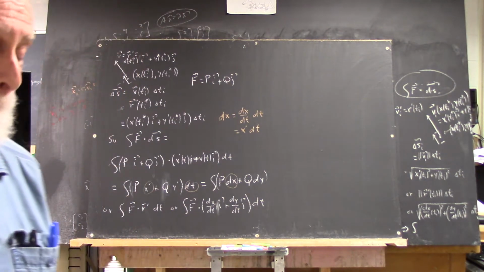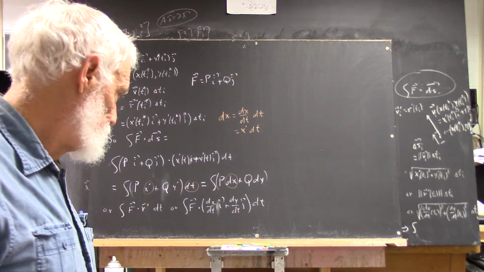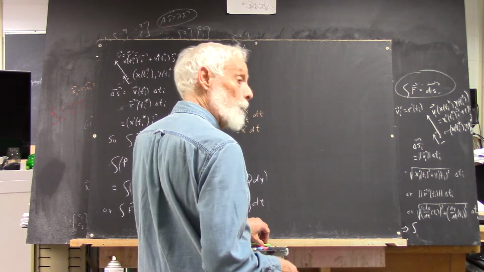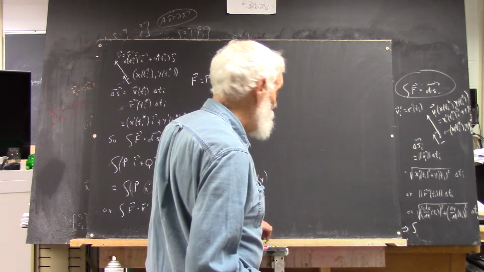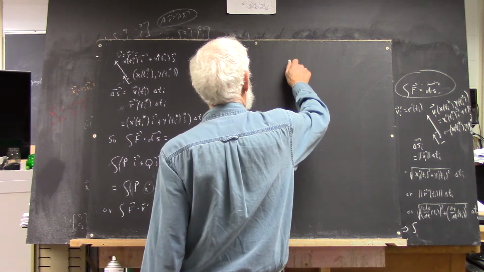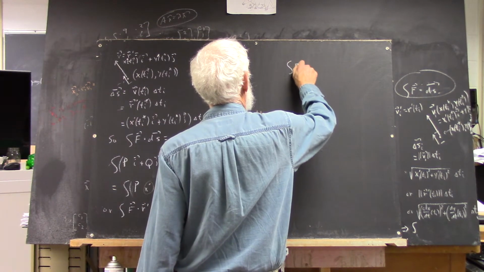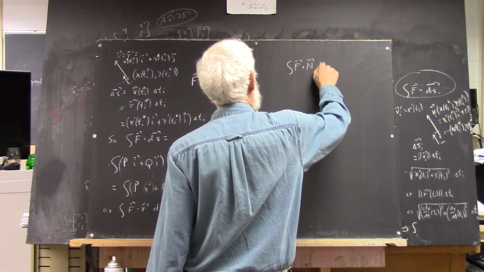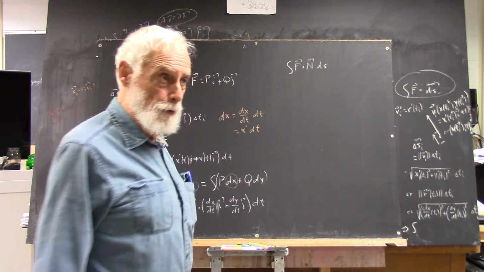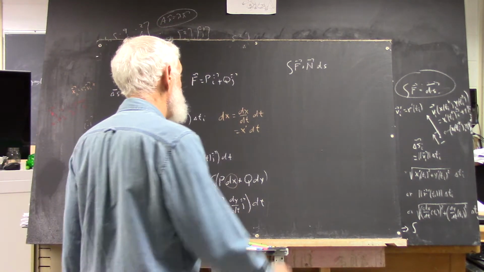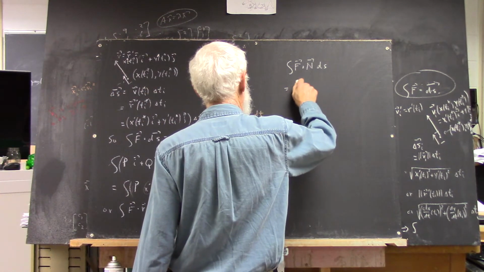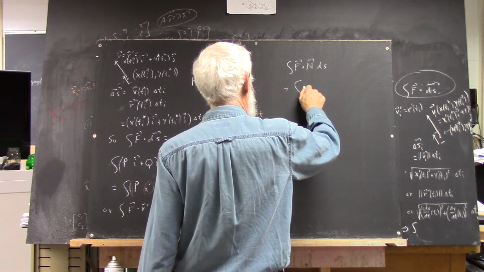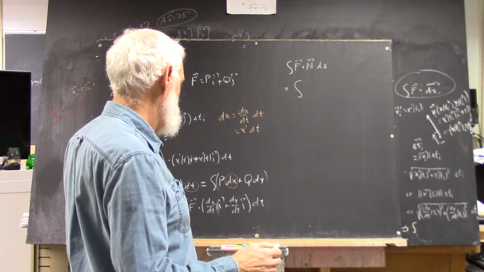Okay? Now, we've spent a lot of time on this. I'm going to leave you to figure out why. But if we want to do the integral of the normal component, now let's make sure I've got this right.